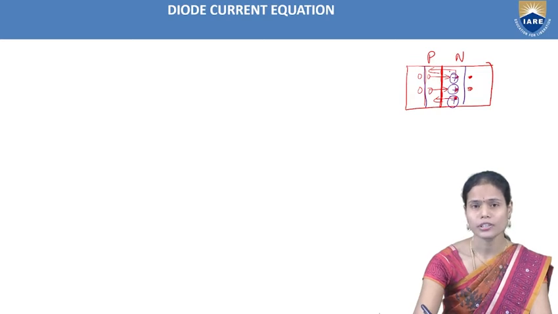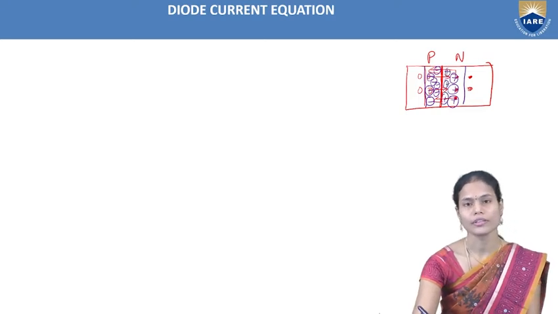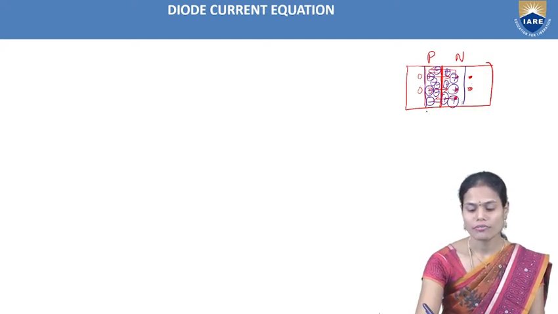Similarly, the hole which accepts the electron, which has a positive charge, becomes a negative immobile ion. Because of this diffusion process, more negative immobile ions are formed in the P region and more positive immobile ions are formed in the N type of region. This particular region we call the depletion region.